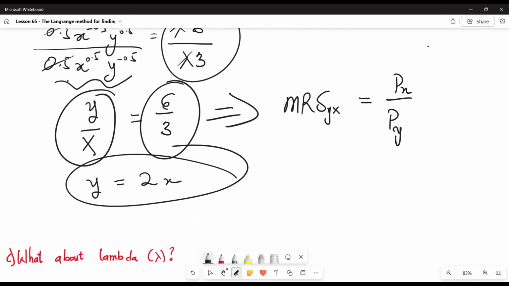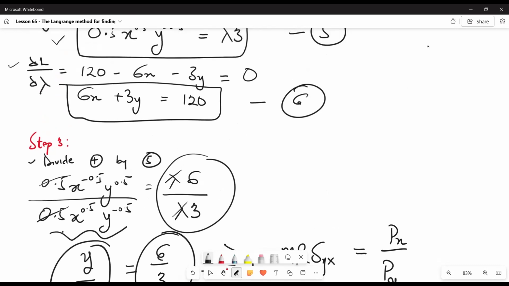Now, the final thing we are going to do then is to move forward to find our optimal quantity of x and y. So knowing that we can express y in terms of x this way, we have our equation 6 here. So instead of y, we are simply going to substitute the final equation that we have, which is y being equal to 2x.